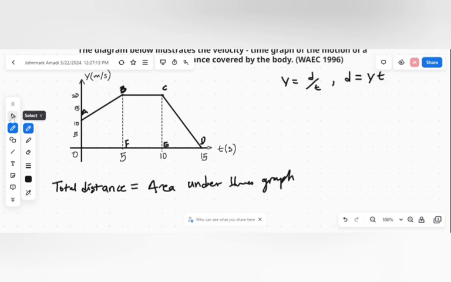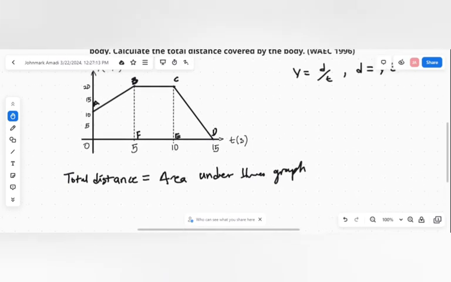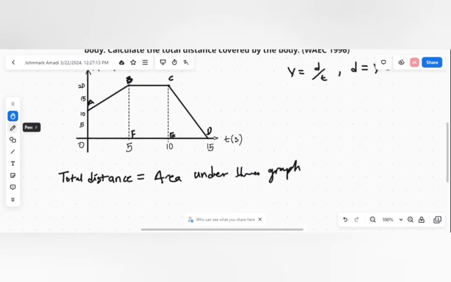So now, how do we get this area? The first shape you can see here, OABF. Do you see that shape? OABF. This is a trapezium.